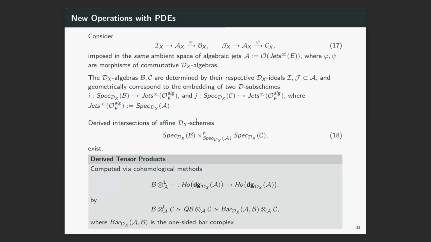This gives an opening for understanding if you took some field theory defined by some ideal. So let's say magnetostatics and electrodynamics, or no, hydrodynamics, let's say. What do you think the intersection is going to be?